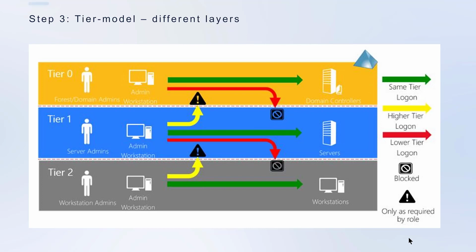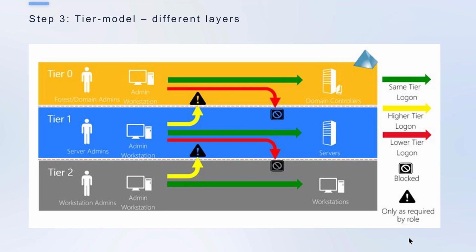Because if you let this administrator from Tier 0 log in on a Tier 1 or Tier 2 machine, and you have something wrong on the workstation, software like Mimikatz will be able to catch the information from memory and get the password hashes.